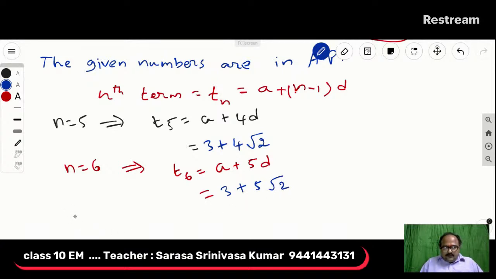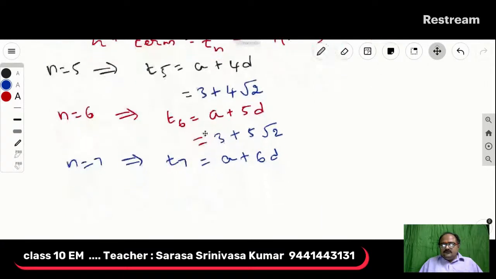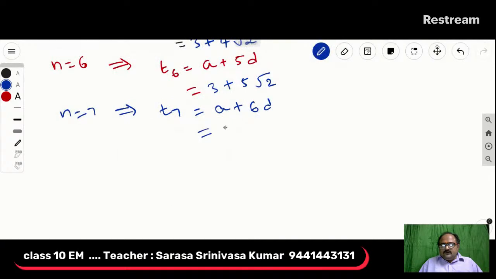Now, when n equal to 7, T7 equal to a plus 6d. So, this is equal to a is 3 plus 6 square root of 2. So, this is how we answer the question.